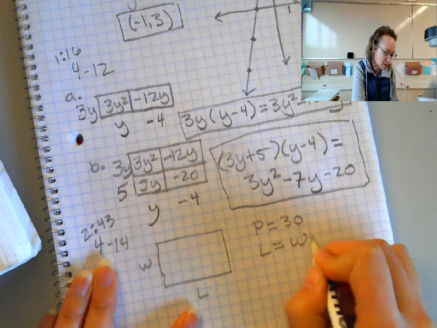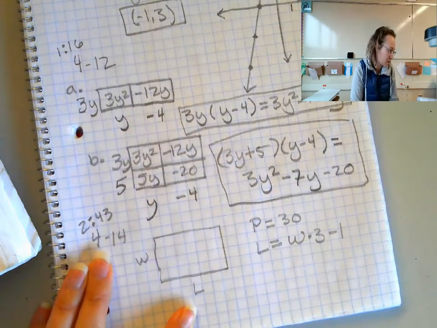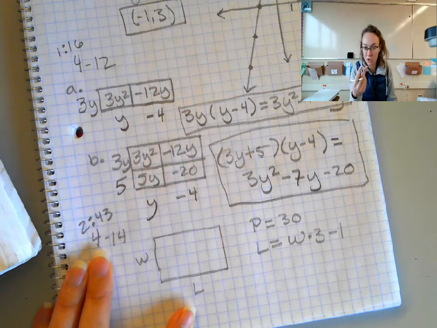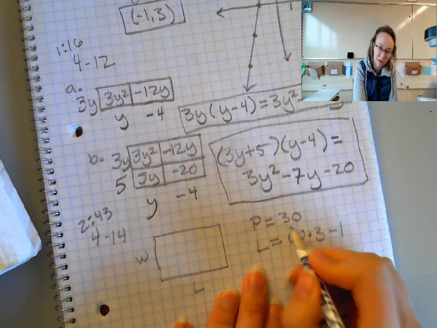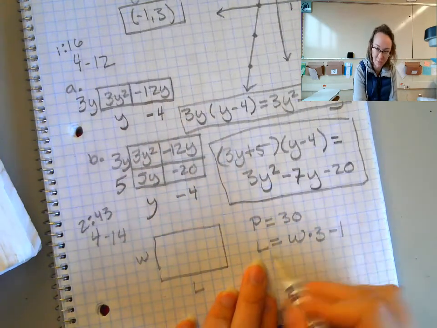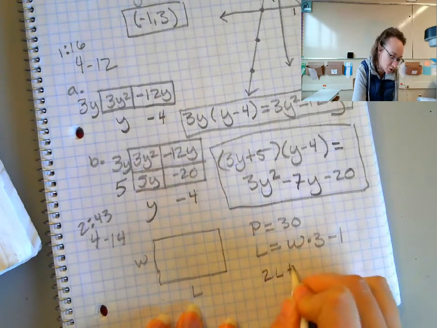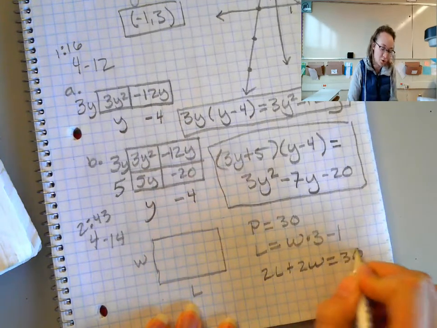So width times 3 minus 1 equals length. They want to know what are the length and width of the rectangle. So you can do this by writing one equation or two. I'm going to do it with 2. The other equation needs to use the perimeter fact, right? Like I just wrote one of them. The other one is going to be that 2L plus 2W equals 30.